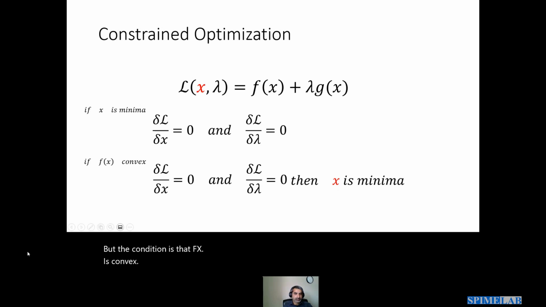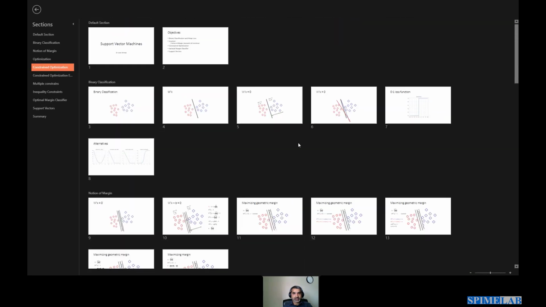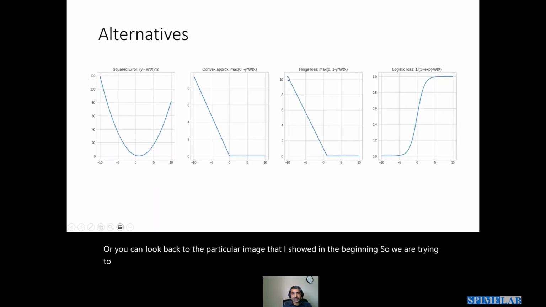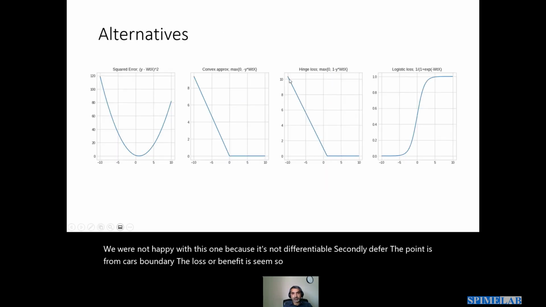You can loop back to the particular image that I showed in the beginning. So we are trying to now go to this particular loss function. We were not happy with this one because it's not differentiable. Secondly, the farther the point is from the class boundary, the loss or benefit is the same. So we want to use this Hinge-like loss function.